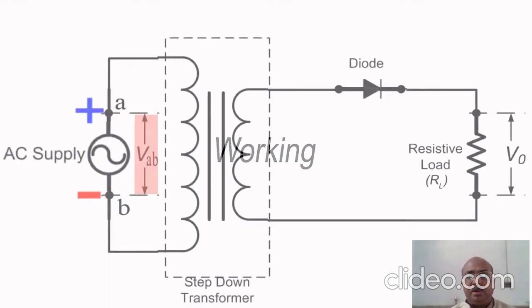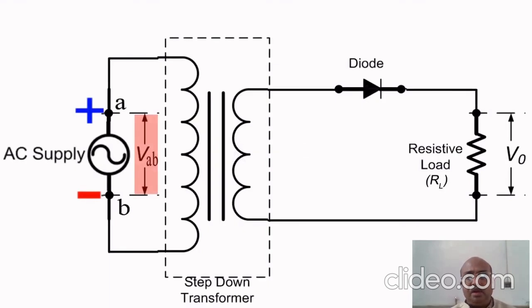Now let us see the working of the half wave rectifier. During the positive half cycle, terminal A becomes positive and terminal B becomes negative, and in this way the diode conducts and the voltage is available at the output.